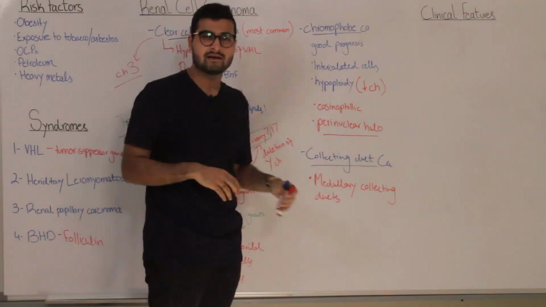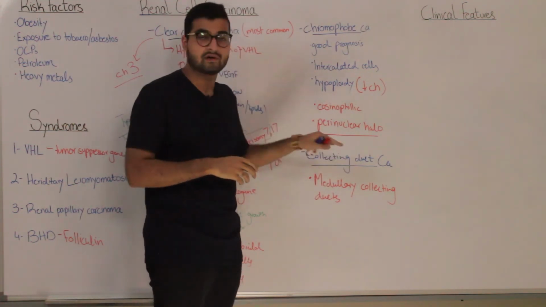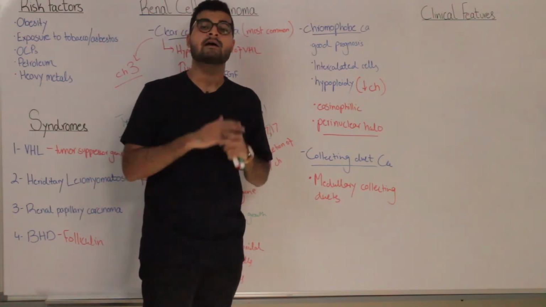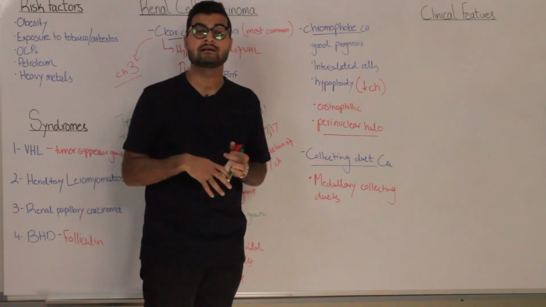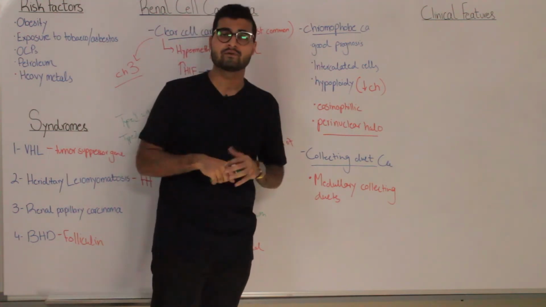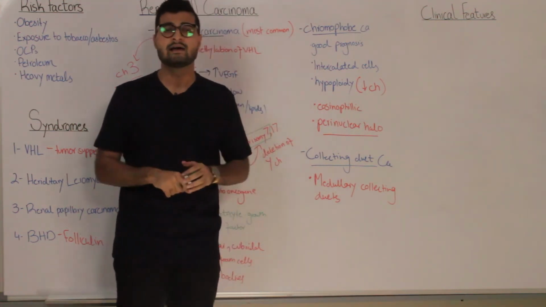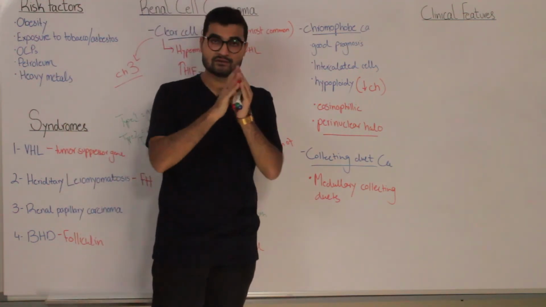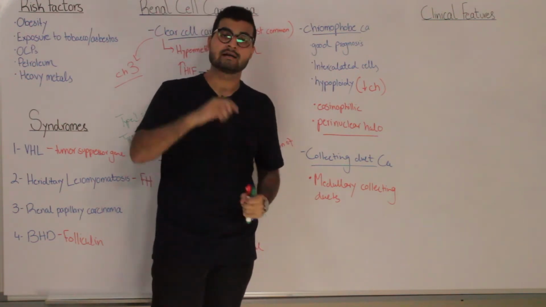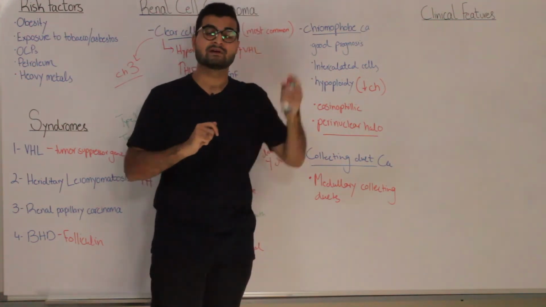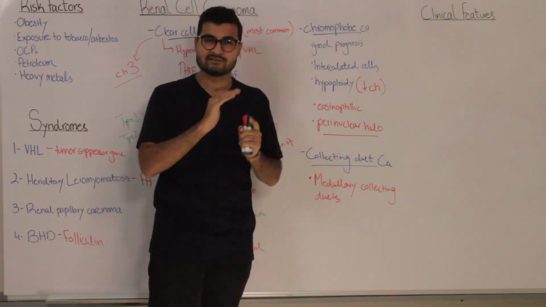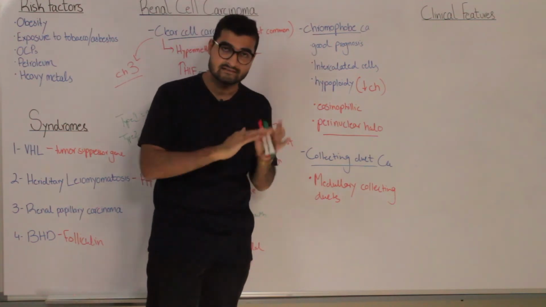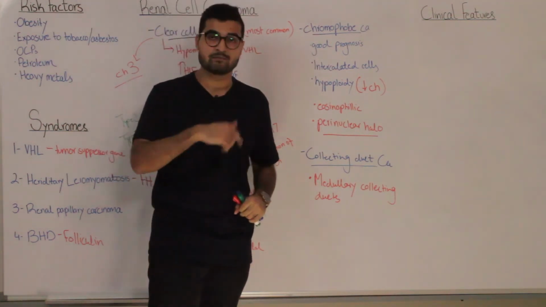This type of carcinoma has a similar morphology to the medullary carcinomas that you tend to see in sickle cell patients. If you remember from your hematology module, in sickle cell anemia, patients tend to have sickling inside their blood when the blood passes into the medulla, because in the medulla you have stasis, the blood passes slowly, you have reduced amounts of oxygen, and it takes an increased amount of time for the blood to pass through.